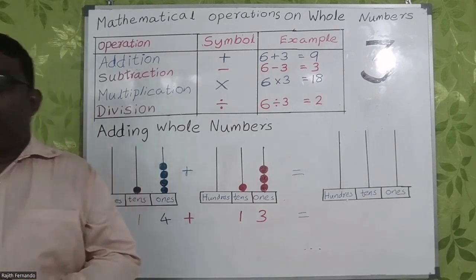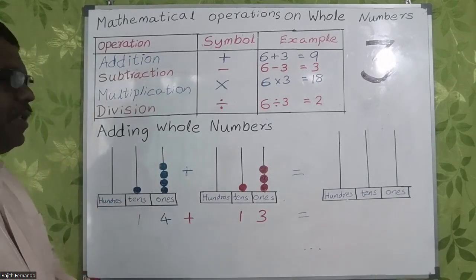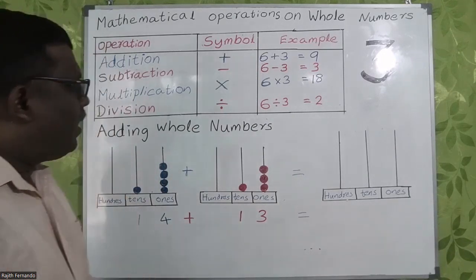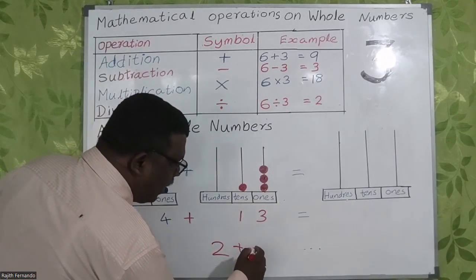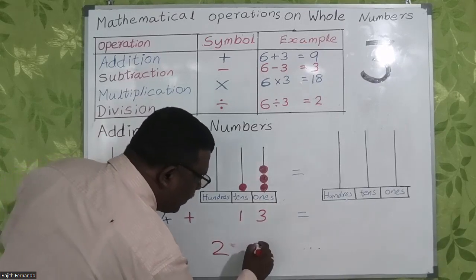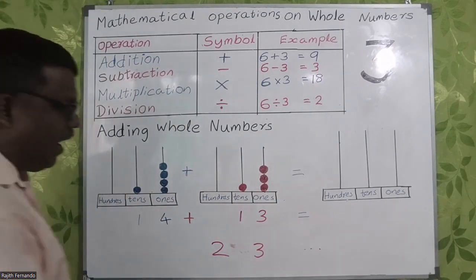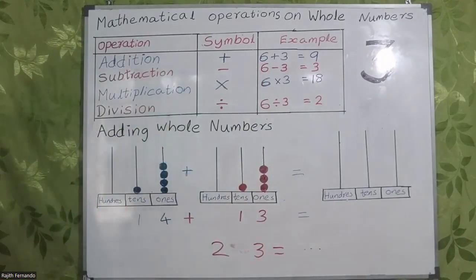If I say you have 2 apples and your brother has 3 apples, then if I ask what is the total number of apples both of you have, what are you going to do?